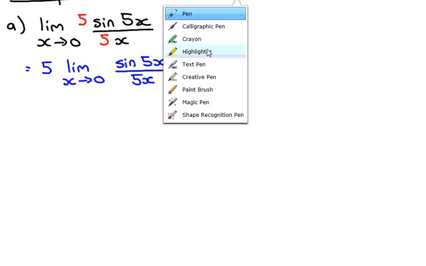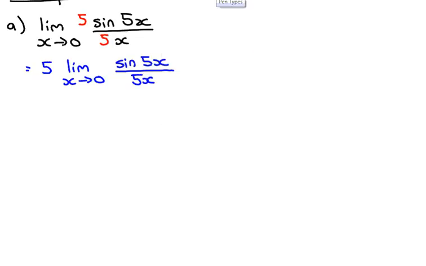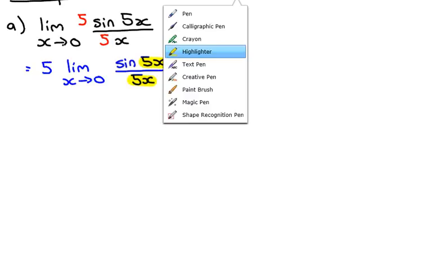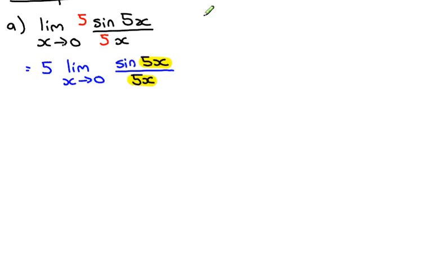Okay, so again, now I've got sine of something over the same something. That's exactly what I want. So the limit as x tends towards 0 of sine of 5x over 5x is just 1. So I've got 5 times 1, which gives me 5.